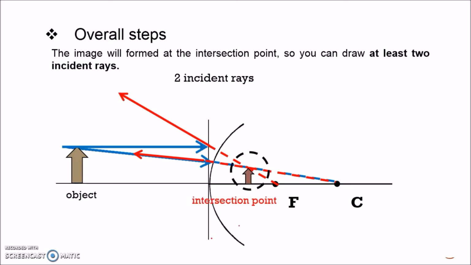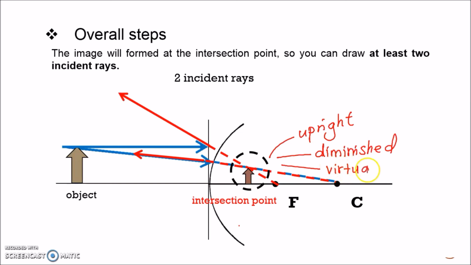If you wonder how to determine the characteristics of the image formed from this ray diagram, so it always start from the principal axis and then you sketch the image formed at the intersection point. So from here, we can see that the image is upright, diminished compared with the size of the object, so it's much more smaller, virtual.